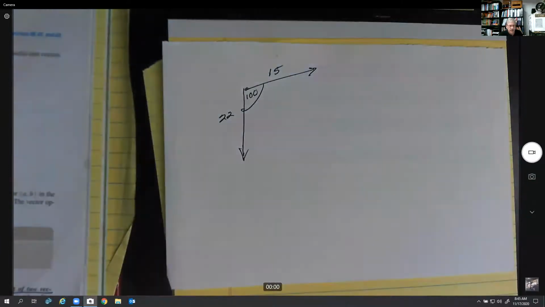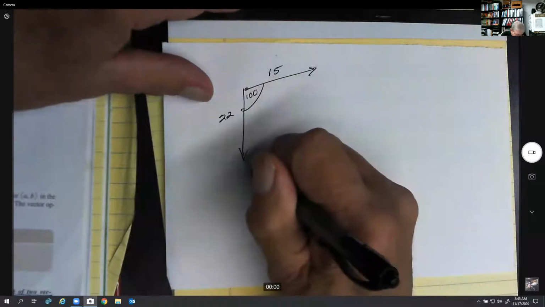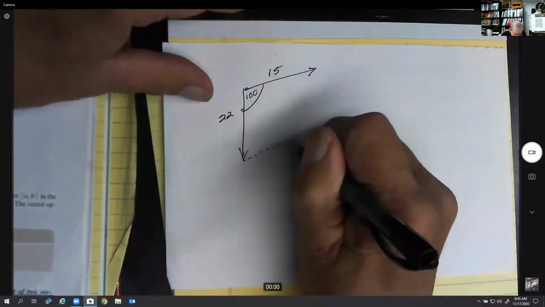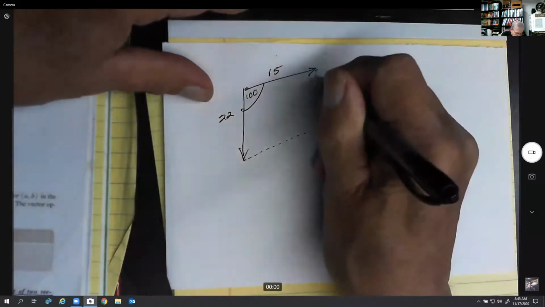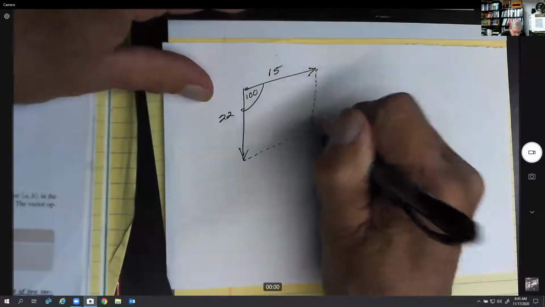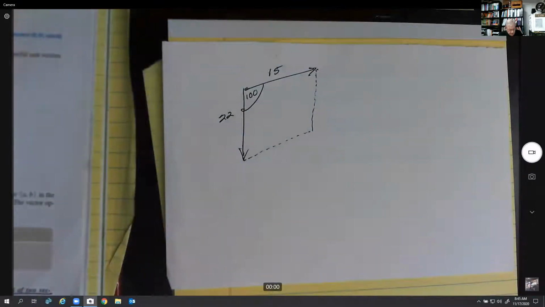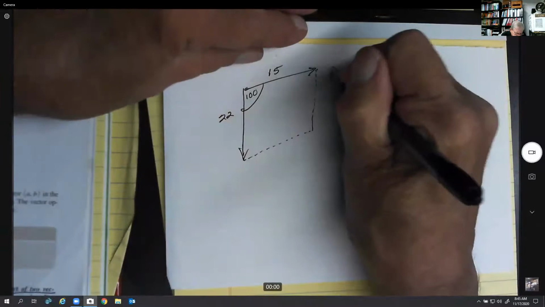Okay, so there's a little rule that says we can do a quadrilateral to find the resultant. We want the resultant force, which would give us the magnitude of these two forces. And so we sketch a little drawing here that makes it a parallelogram.